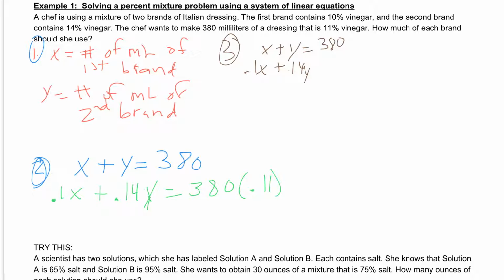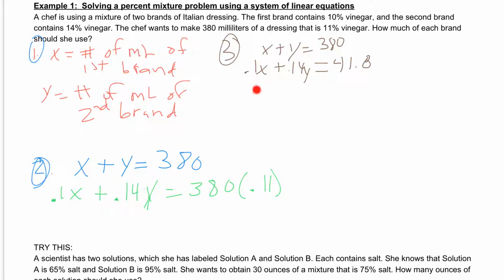Remember, there's a decimal there. Equal to 380 times 0.11. In part 3, I'm going to go ahead and multiply those, so I just have one number that I'm dealing with. 380 times 0.11 is going to give me 41.8. So I'm going to write 41.8 here.